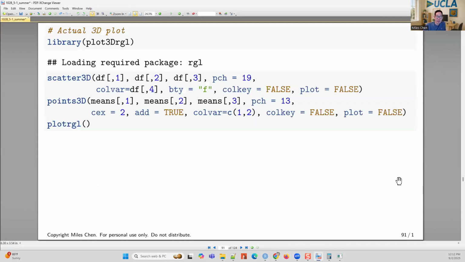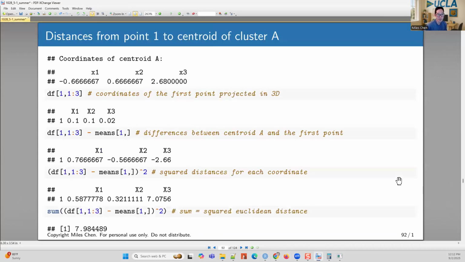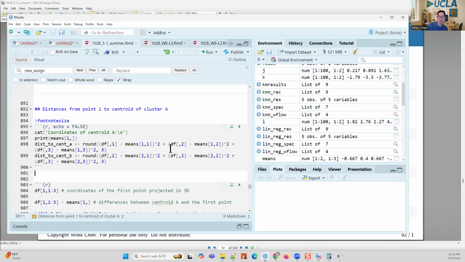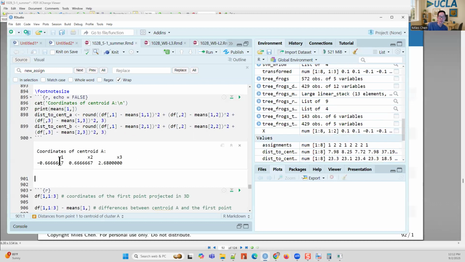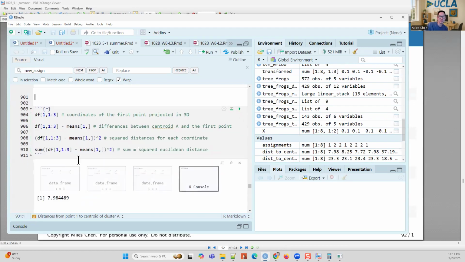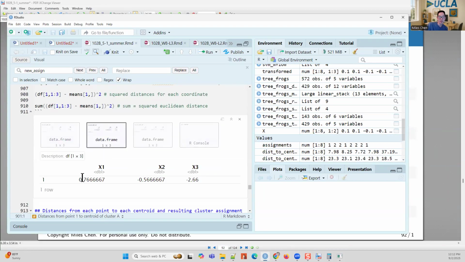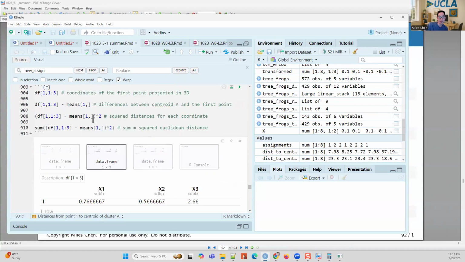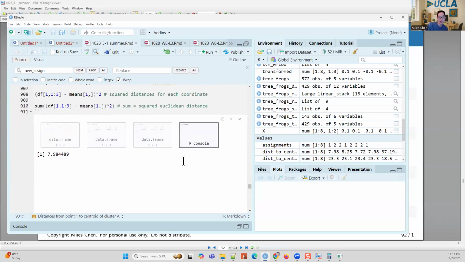So this is what we have, and we say, okay, what is the distance from each point to each of the centroids? And we can calculate that. Working through that, the coordinates of centroid A is this, and the distance between centroid A and the first point is going to be this minus this squared, and that distance is going to be 7.984.